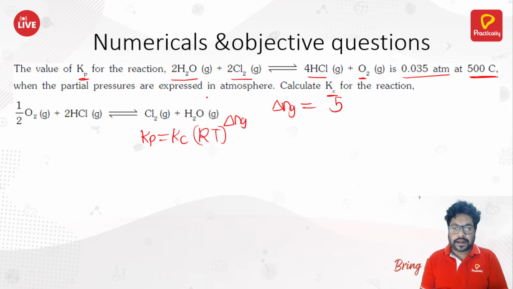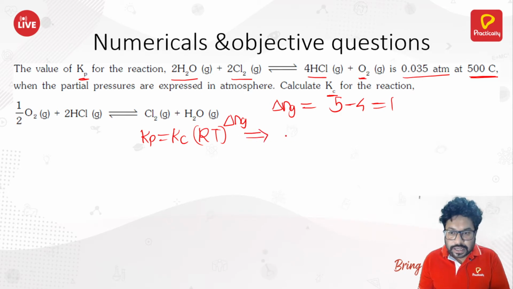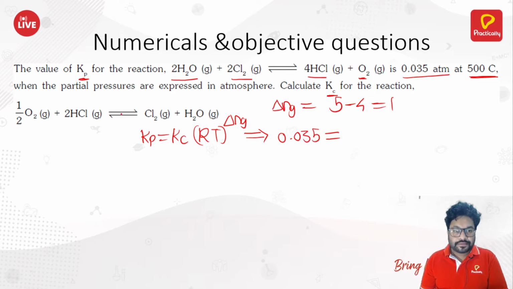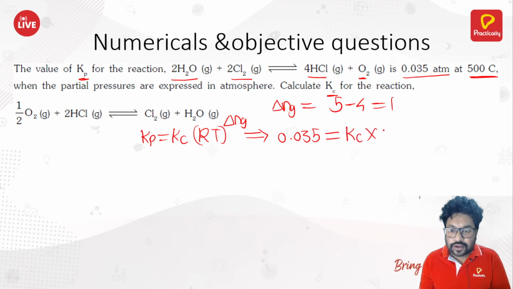Number of moles of reactant are how many? 2 plus 2, 4. So 5 minus 4 is equal to 1, right? So RT raised to 1, that means RT will stay as it is. So Kp is already given. Kp is 0.035. That's your Kp. Kc, you need to calculate Kc into RT.